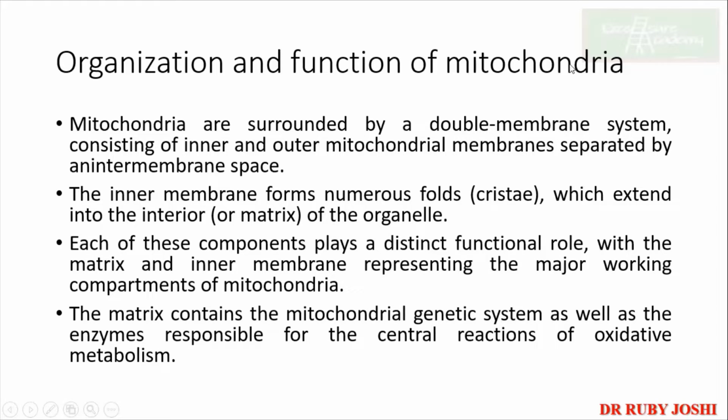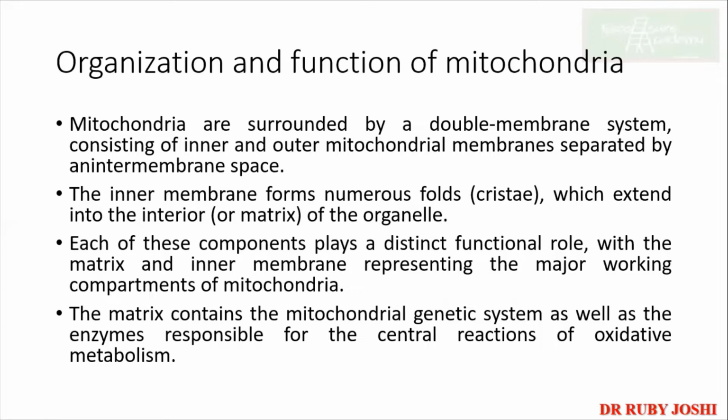Organization and function of mitochondria. We know that mitochondria is surrounded by a double membrane system. It has both inner and outer membranes, separated by an intermembrane space. The inner membrane forms the cristae, which increase the surface area so that you can have more of the complexes 1, 3, 4, and 5.